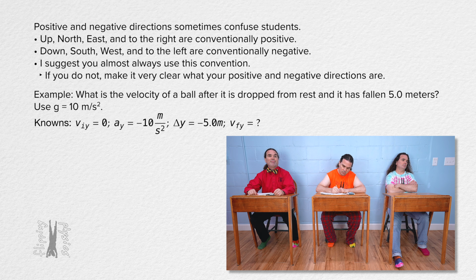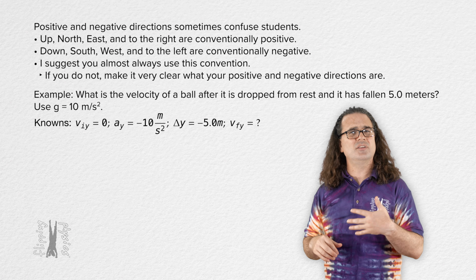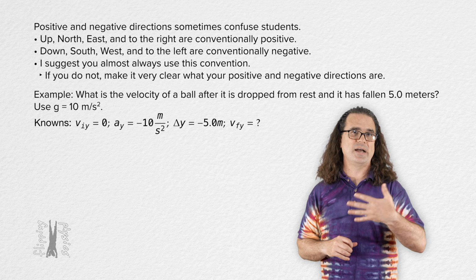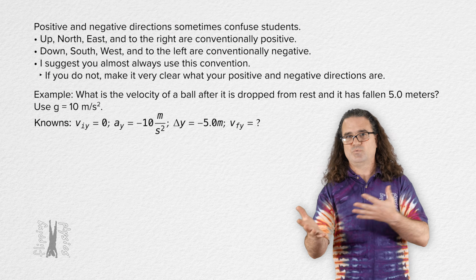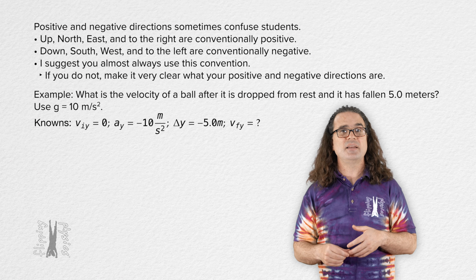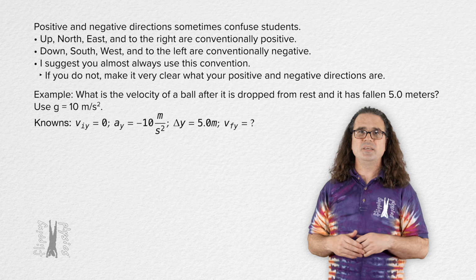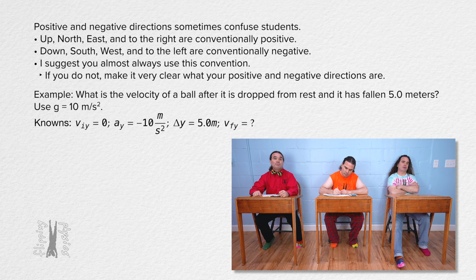Right. However, my point here was I wanted y'all to see what happens if you forget to include the negative on the displacement in the y direction. Oh, right. So let's make the displacement in the y direction equal to 5.0 meters, and Bo, please solve the problem. Sure. We can use the uniformly accelerated motion equation.